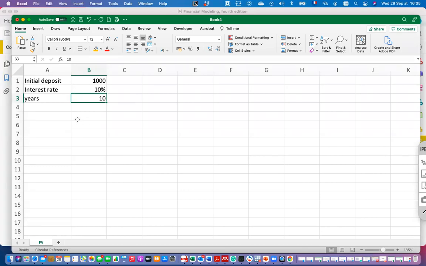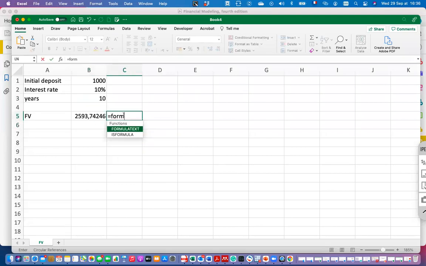So we can directly find the future value of this investment after 10 years by using the mathematical formula, which is equal to the annual deposit times 1 plus the interest rate power the number of periods. And this is the formula text.